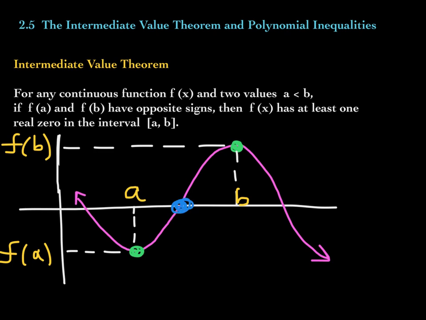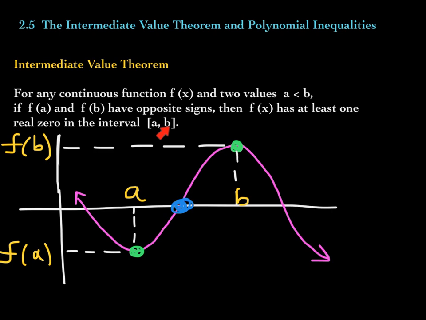So in the next example or two, the instructions will say prove that there exists a zero in a particular interval. So prove that this zero exists. All you have to show is that when you plug in the left endpoint into your function, you get positive or negative, and then when you plug in the other endpoint, you get the opposite sign.